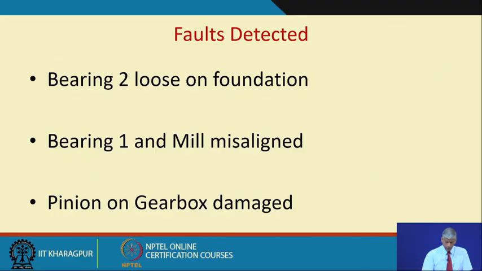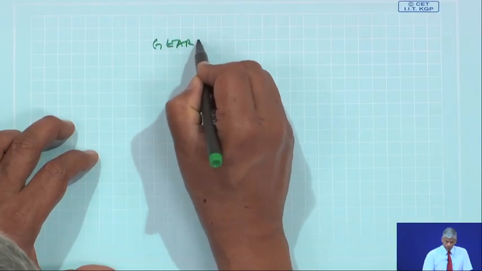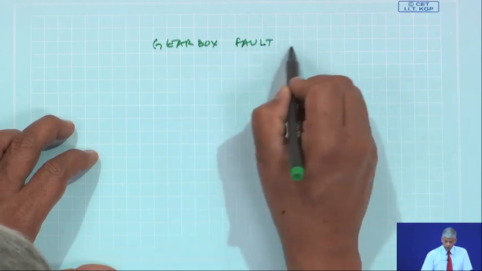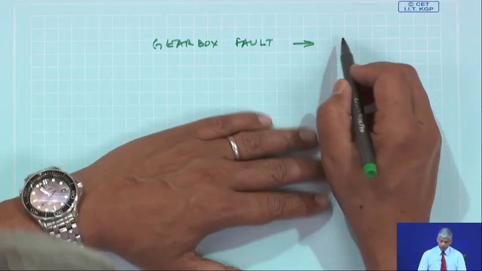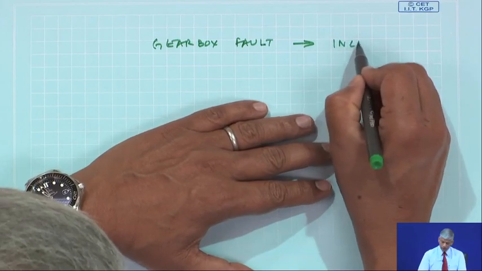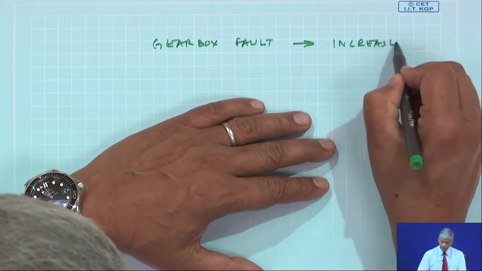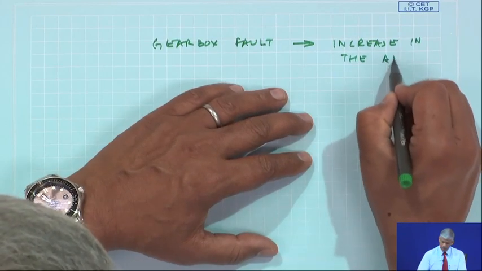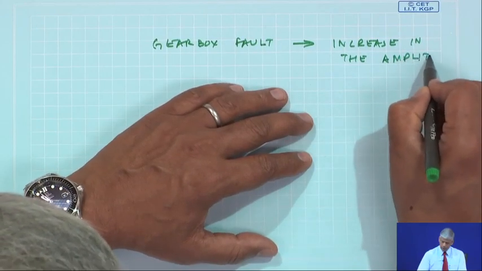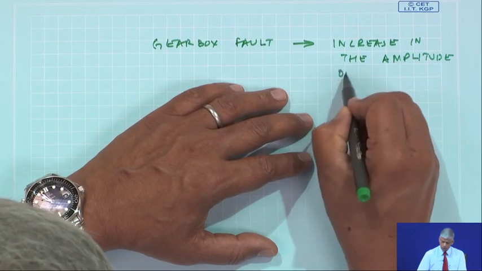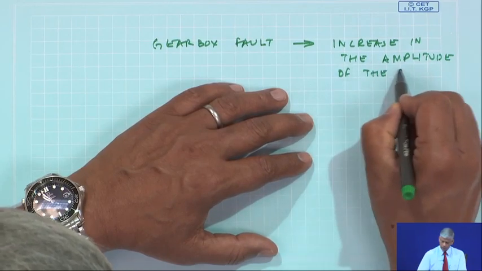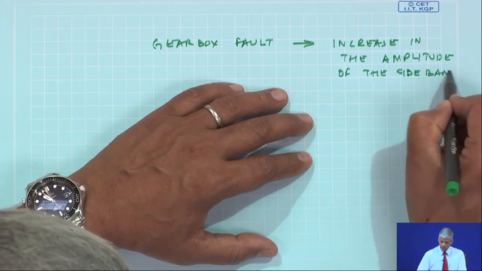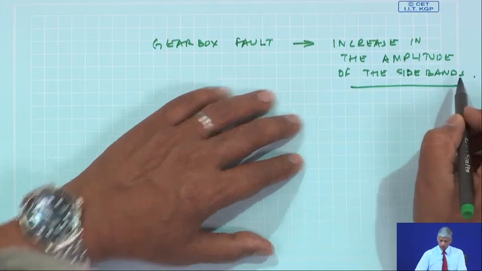I will right now tell you a gearbox fault is actually manifested in an increase in the amplitude of the sidebands. Okay.